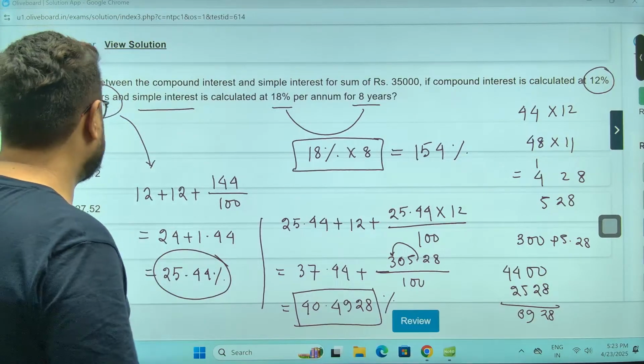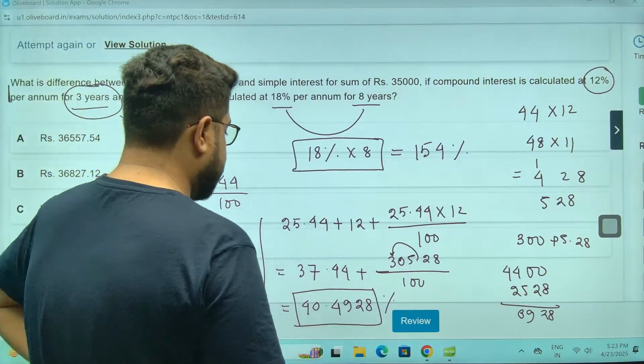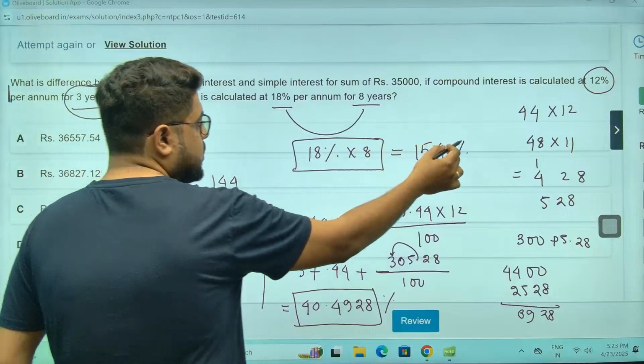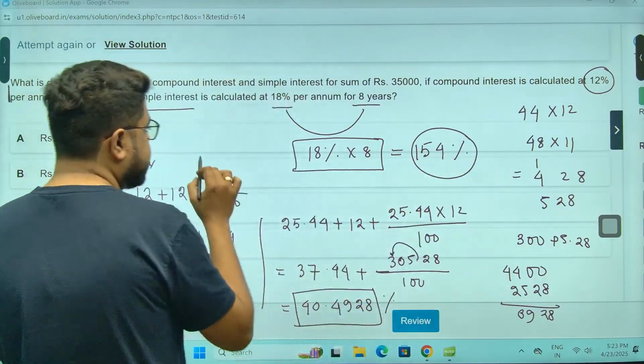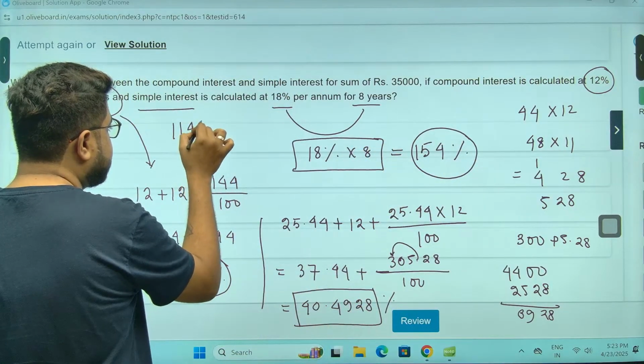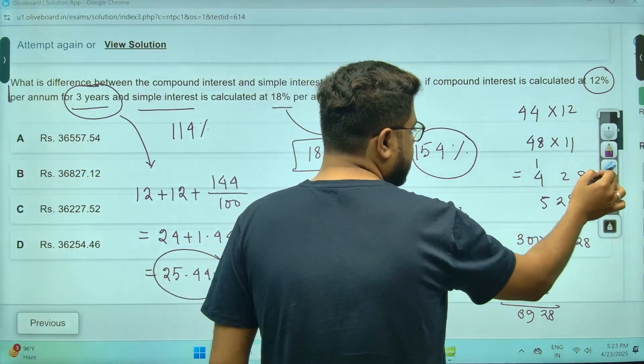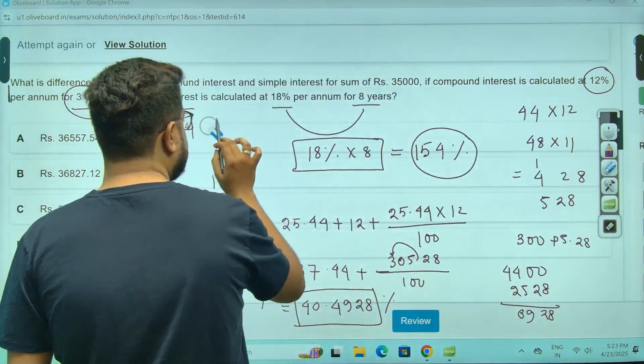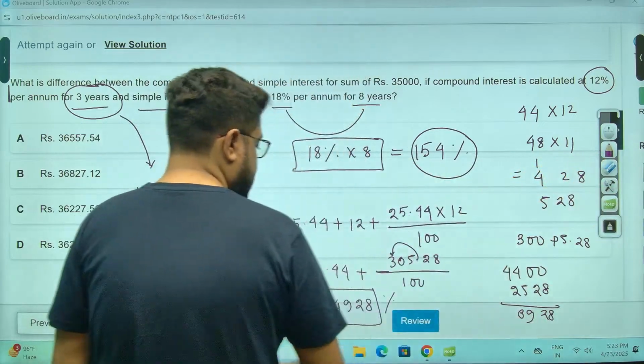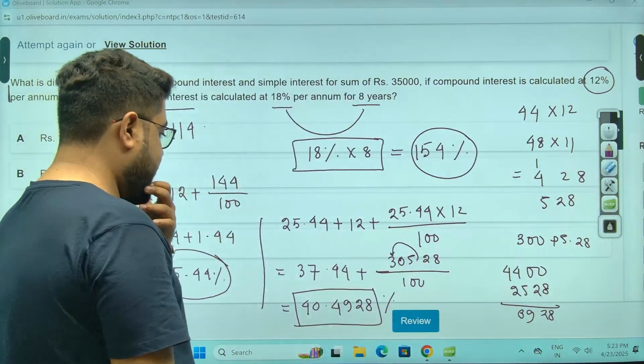So the difference will be, sir, 154% and this percentage, so 114%, point 0.49.